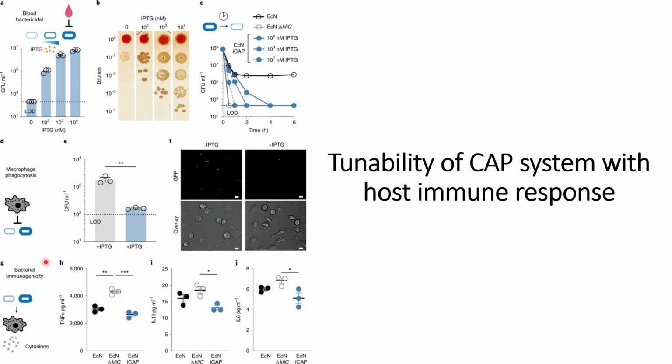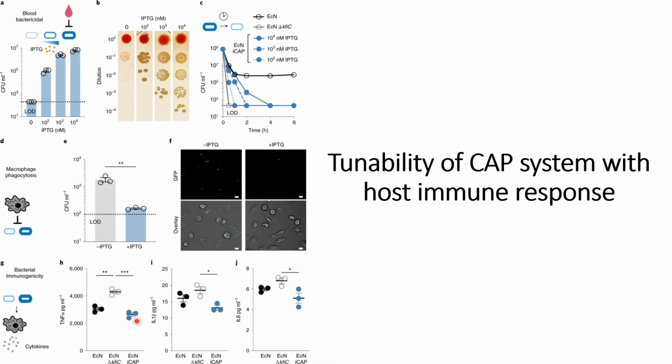Now they wanted to check the bacterial immunogenicity through the cytokines that are released when the macrophages are co-cultured with the iCAP system, and they checked 3 different cytokines. First one is TNF alpha, and they can see the TNF alpha cytokines are significantly higher in the case where ECN is used without the KFC gene, indicating that since the CAP is not there to protect the bacteria, the immune system can detect this kind of bacteria without CAP and generate an immune response.